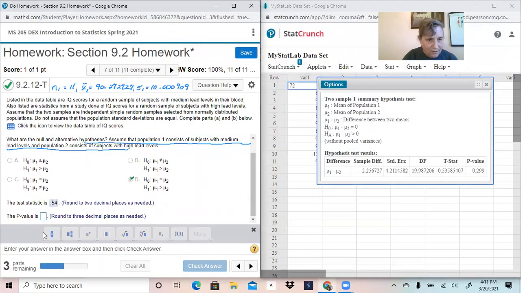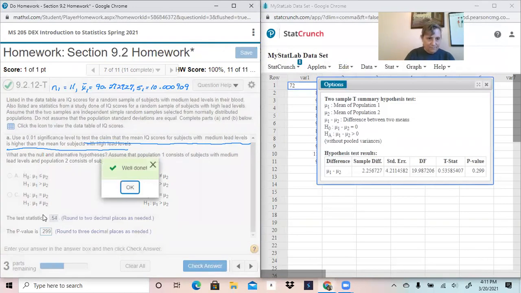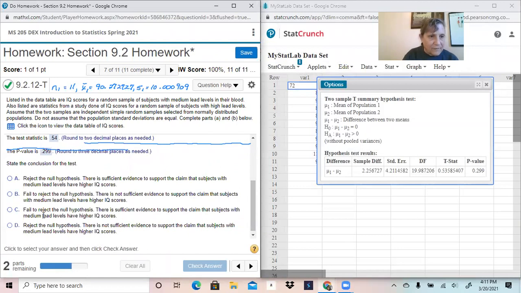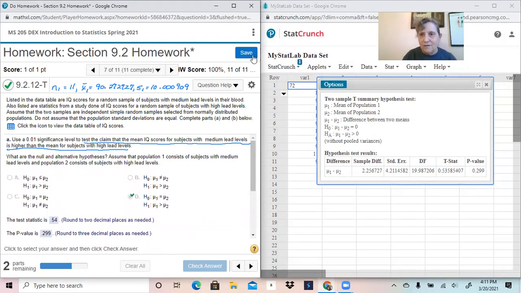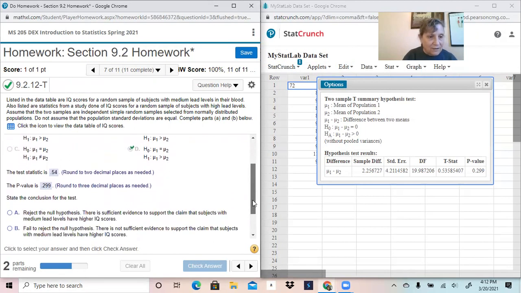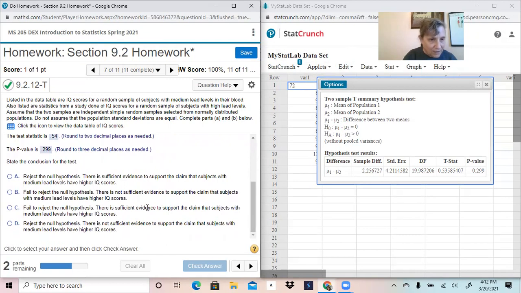Probability, 2 decimal places, 0.299. 0.299 is higher than anything they would have, I'm sure. Let me clear this out. 0.01, way, way, way higher. Okay, so we're going to keep the null hypothesis. Fail to reject. There's not sufficient evidence to support the claim. Okay.